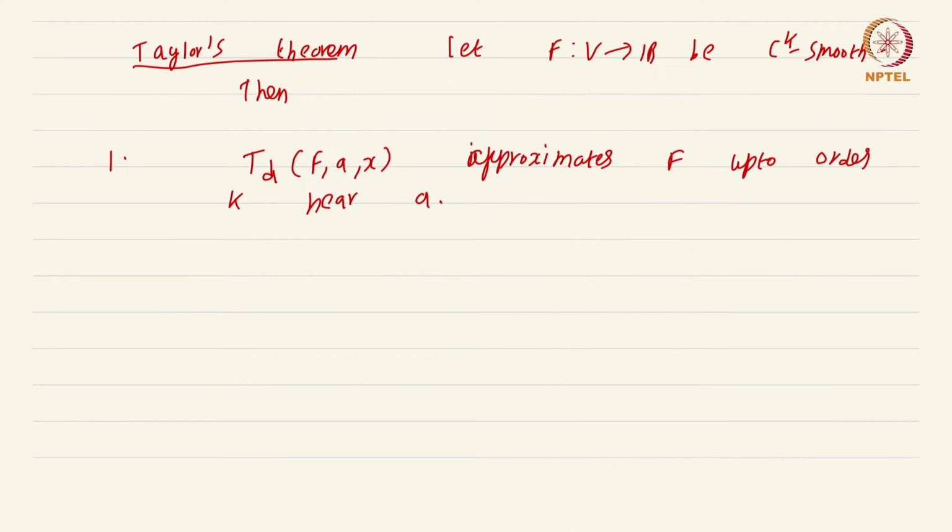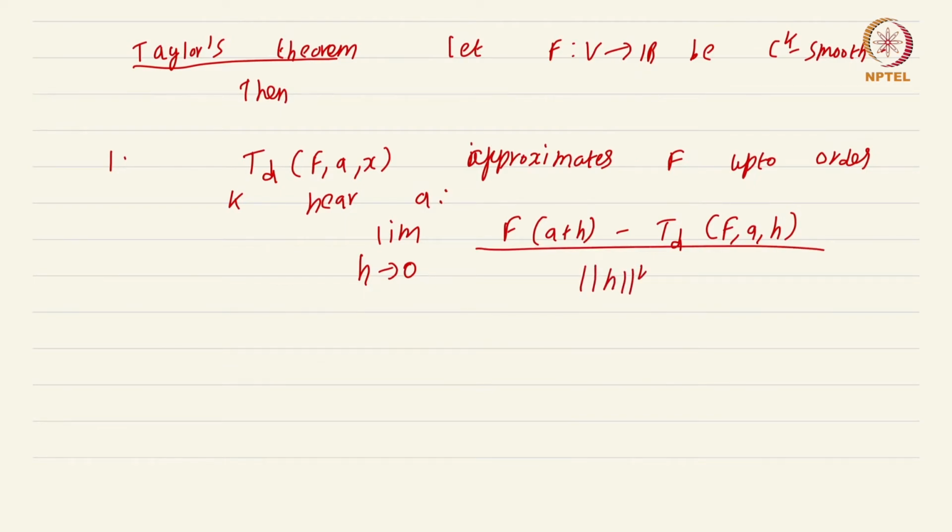So this is a somewhat vague sounding statement. What this really means is the limit as h goes to 0 of f of a plus h minus T_d f a (h) divided by norm h to the power k is equal to 0. Okay, so this just says that near the point a you can approximate the function f of a plus h by using this T_d f a (h).